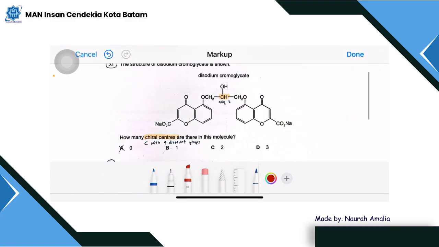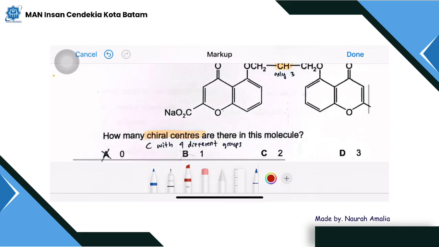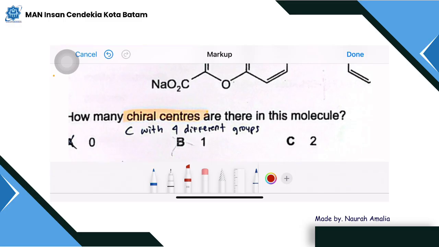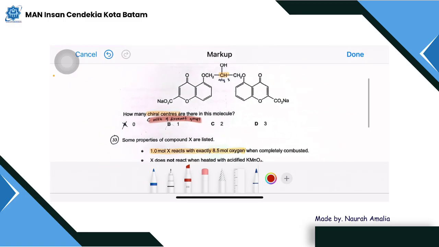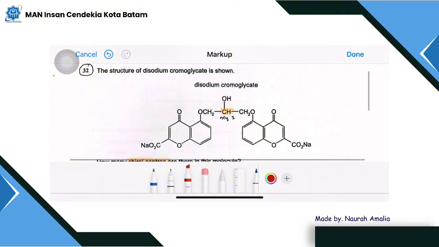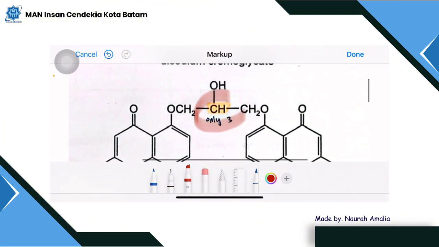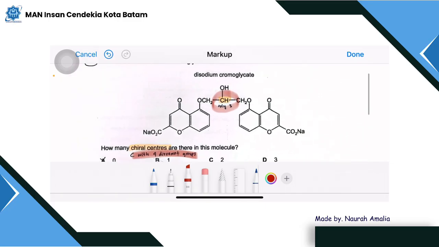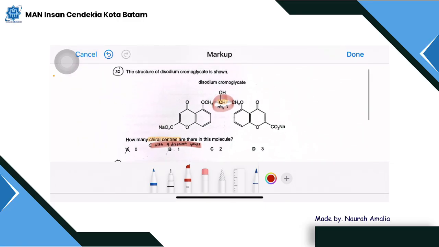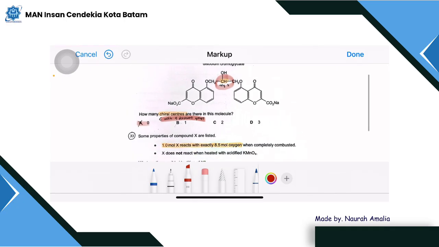How many chiral centers are there in this molecule? Since a chiral center means a C with 4 different groups, we can see here the sodium chromoglycate is only linked with 3 centers. So the correct answer is 0.